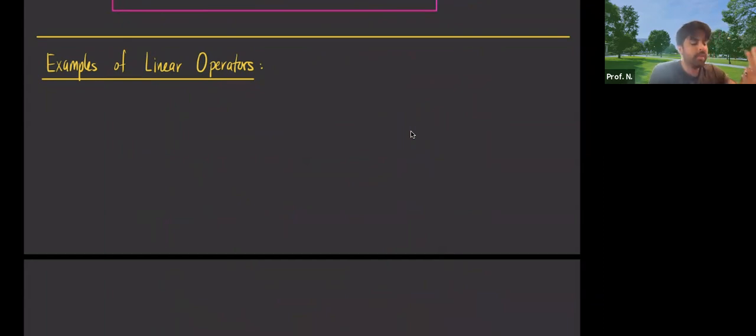But for now, let's look at very basic, simple examples of how these matrices, which are associated with operators, really matter geometrically speaking, which is the first way of seeing that things apply.